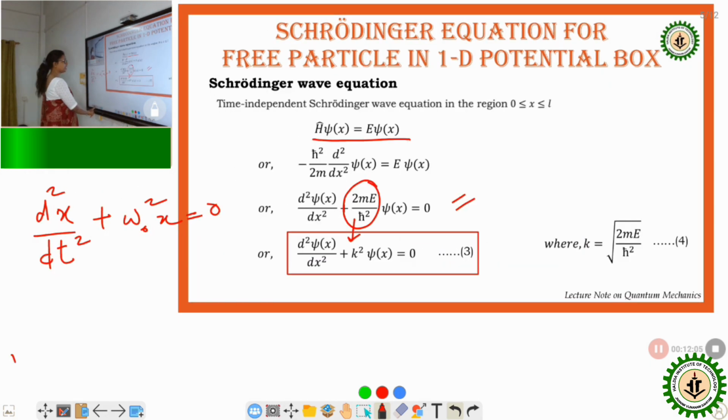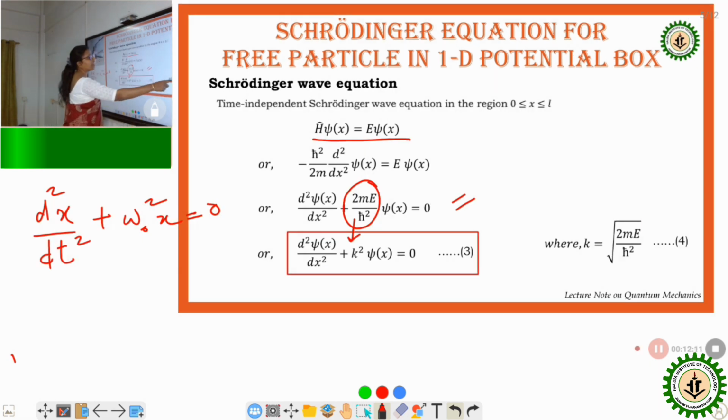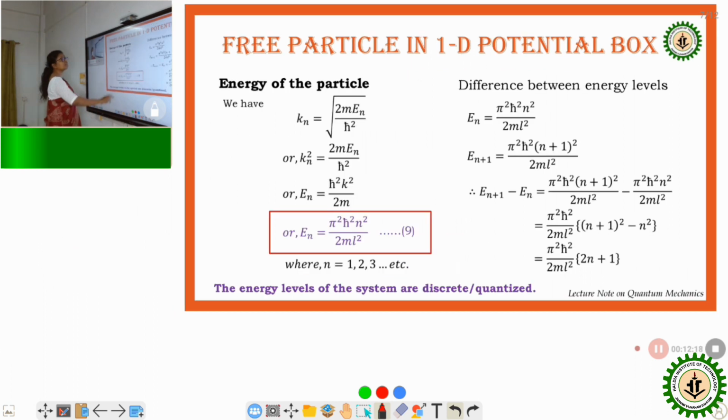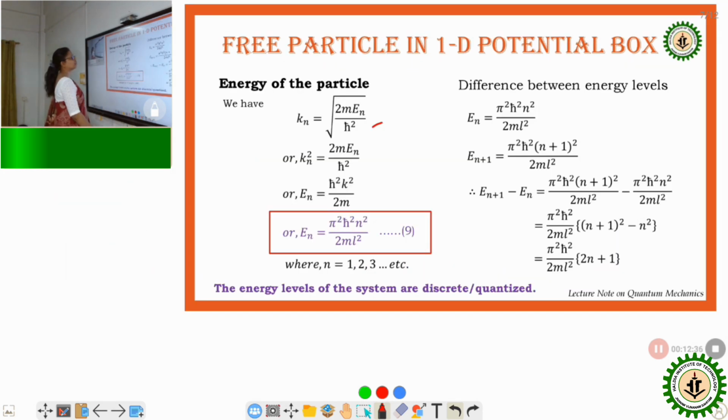Now in the previous slide we have written that k equals root over 2mE by h cut square, so we are using that here. k n, because n is the number, is root over 2mEn by h cut square. And what is k? Look here, k is n pi by L. So from here we get the En value.